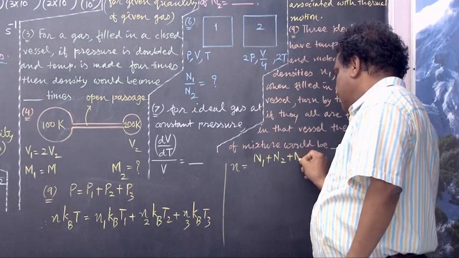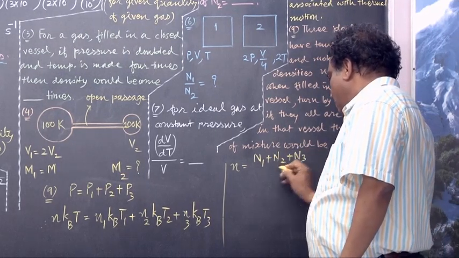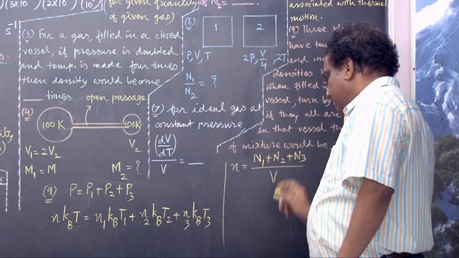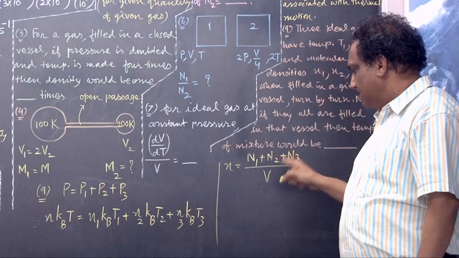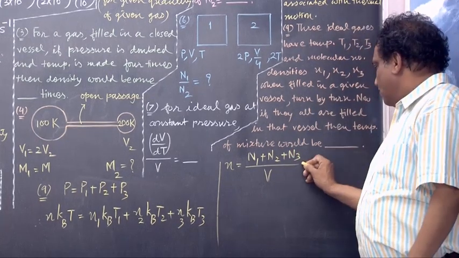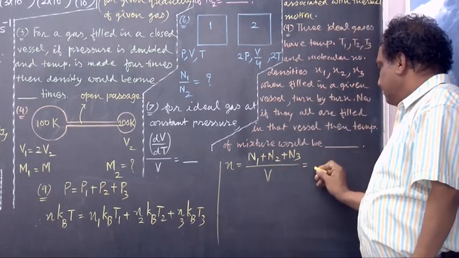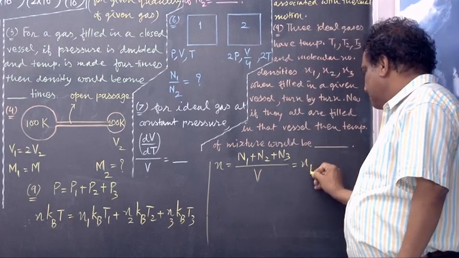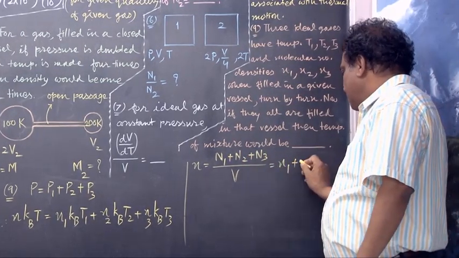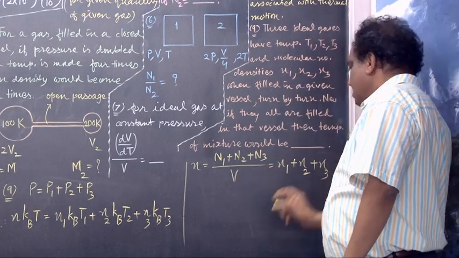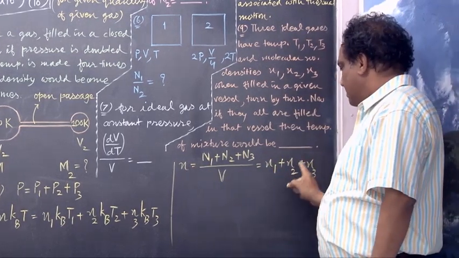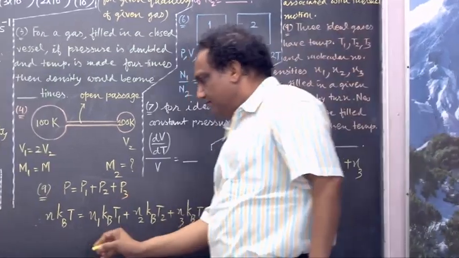For the third case, N3. And total volume I am taking capital V. Can I divide separately? Yes, sir. So what is N1 upon V? Small n1. What is N2 upon V? Small n2. What is N3 upon V? Small n3.